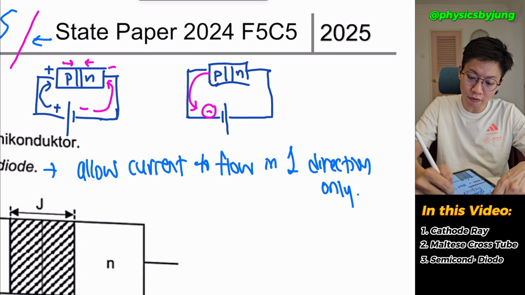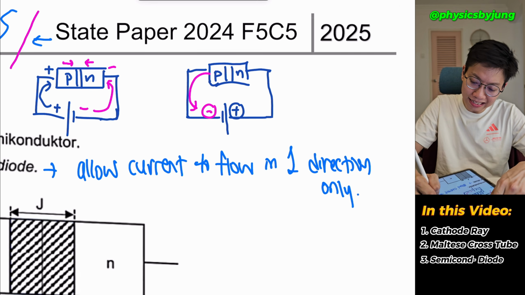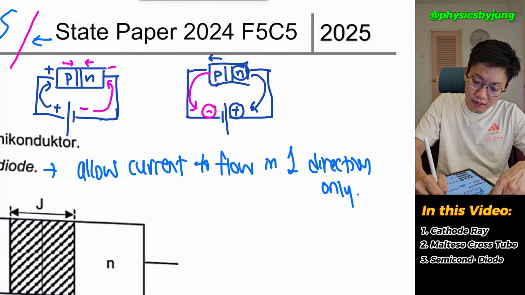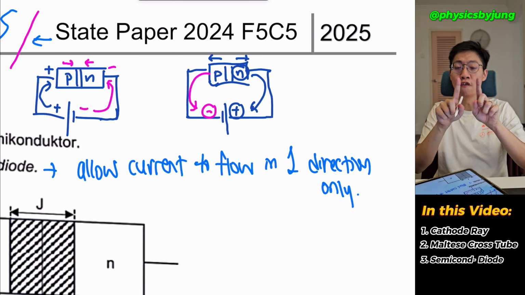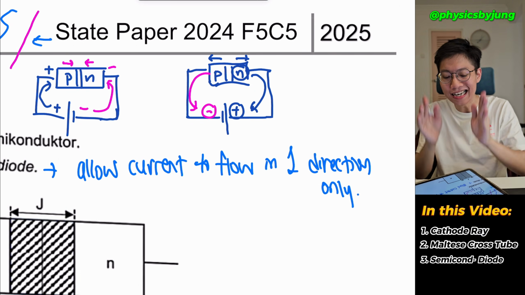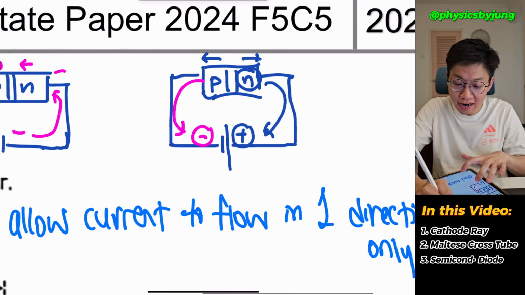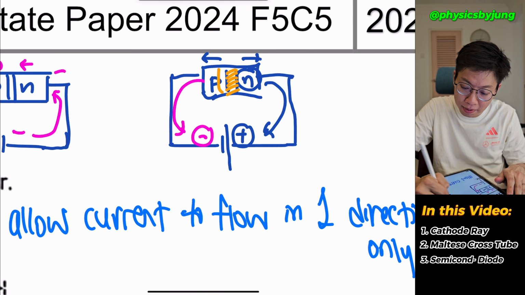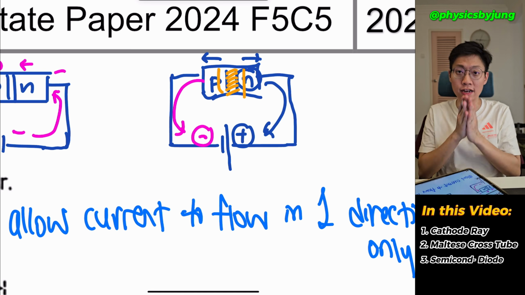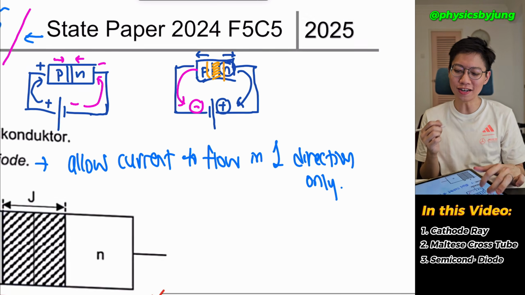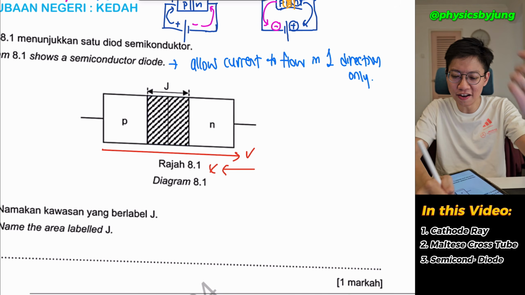And your right-hand side here is positive now, this negative gets pulled to this side. So now these two things are going to be pulled further apart, causing the river in the middle to be bigger. So if now in the middle there is a very big gap, can it conduct electricity or not? Of course cannot.